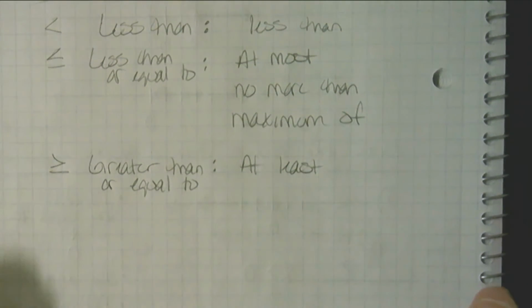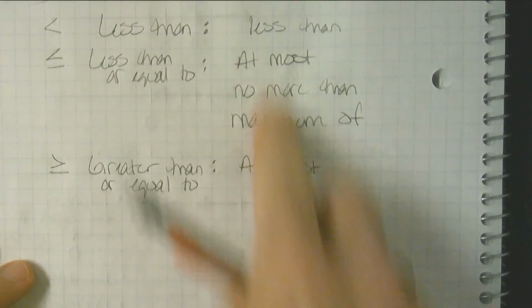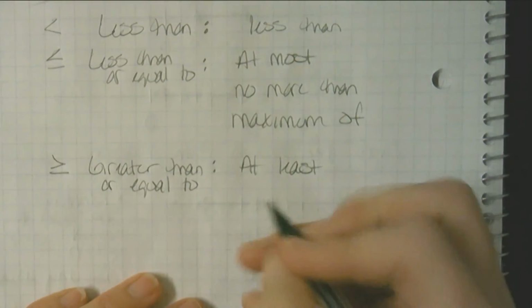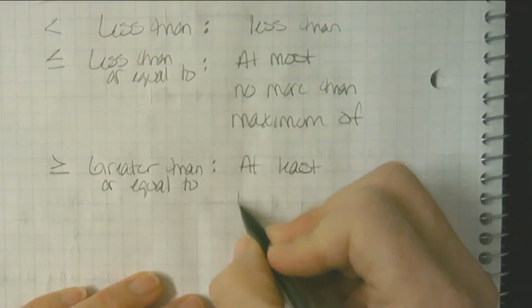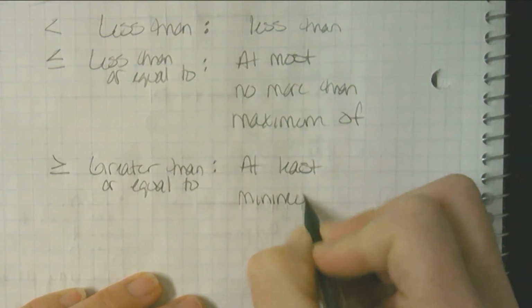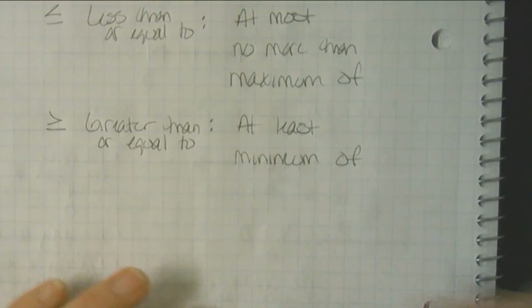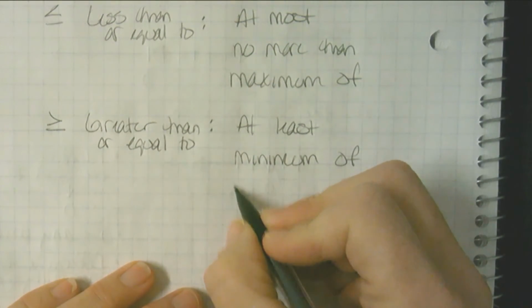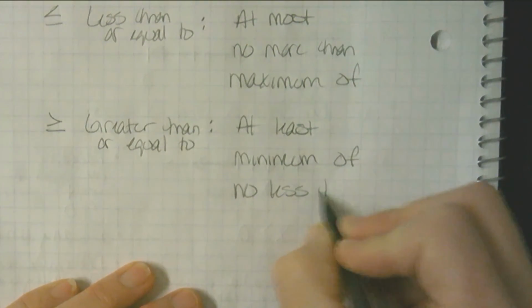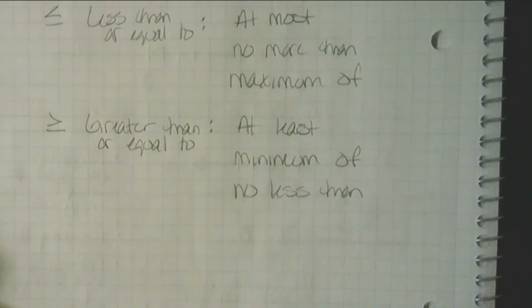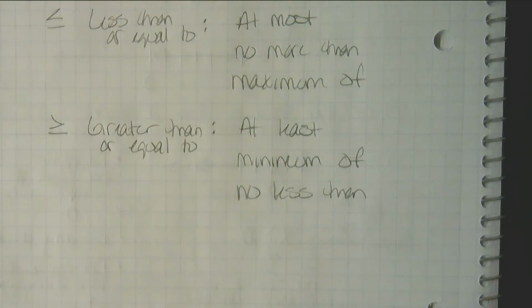What's another one? Come on. Read what I have up here and do something similar. What's another one? Christiana? Minimum of. Give me another one. Aaron? Sure. No less than. You guys with me? Okay.